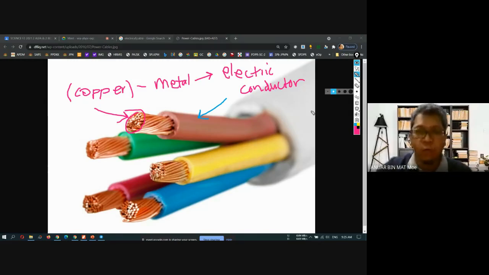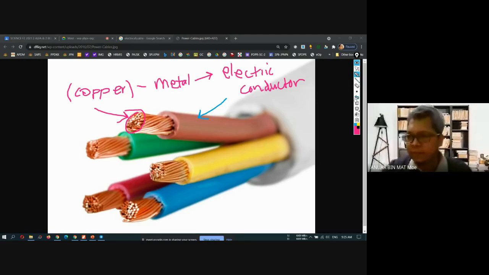Conductor means that electric can flow through it. If you look at the word flow, in Malay it means mengalir. It's just like water, but you cannot see it. For example, if you have water inside a pipe, a rubber pipe, you can see the water flowing, right? But inside the electrical cable, what are the things that are moving or flowing inside the copper?